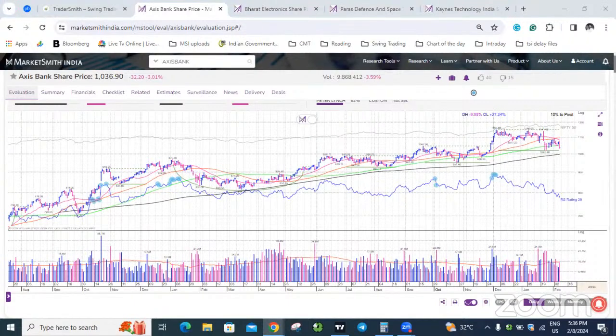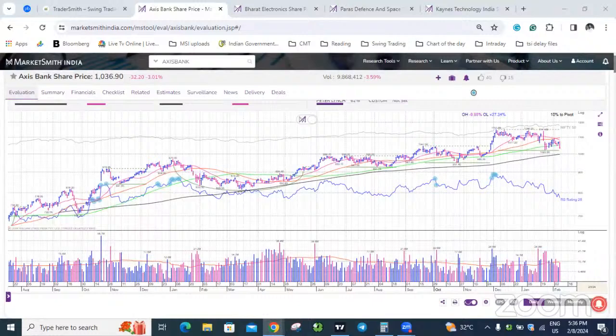If you check Kotak Bank and ICICI Bank also, a disclaimer is that we are already holding in our TraderSmith portfolio, but maybe tomorrow if things do not turn positive, we will exit and book a loss of around 4%. But there is negativity. Maybe the current negativity will take another few days to settle down in these banking stocks.